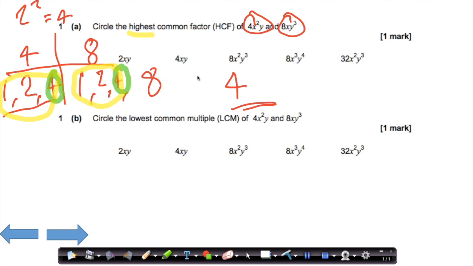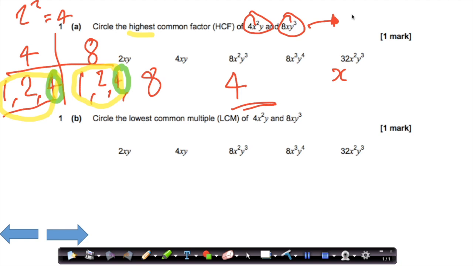Now, you might be able to see which one it is already, but the questions that might come up in the future exams will probably be a bit harder than this one, as this is question 1A. So we need to know how to deal with the x squared y and the xy cubed part. For that, we need to think about how we would do this if we were dealing with just the algebra part.